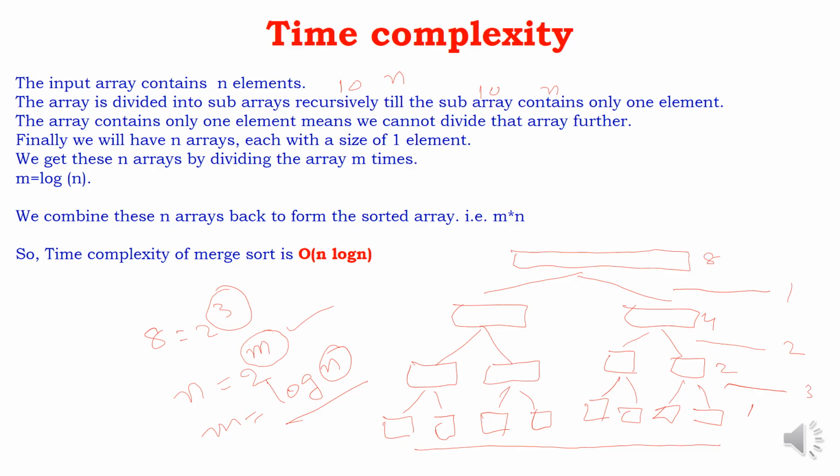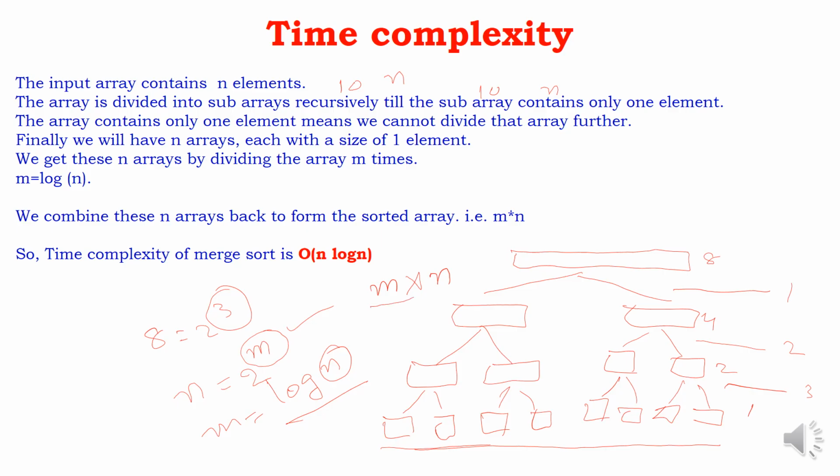Then we have to combine all these n elements. It is divided log n times, and there are n smaller sorted subarrays, n sub-solutions, and these sub-solutions are merged together to form the original solution.